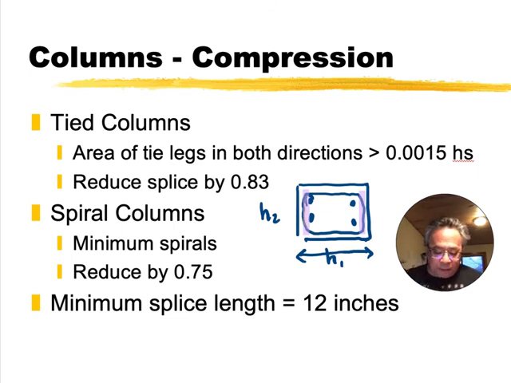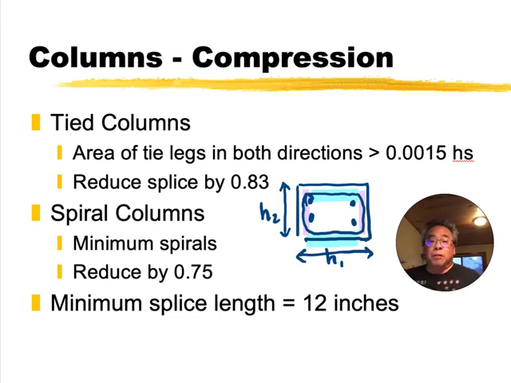Whereas the area of these two legs has to be greater than 0.0015 times this distance times the spacing of the ties. So in both directions, this has to be true.